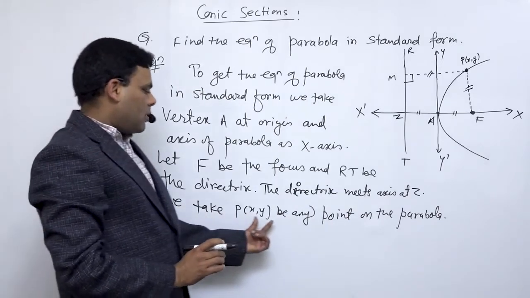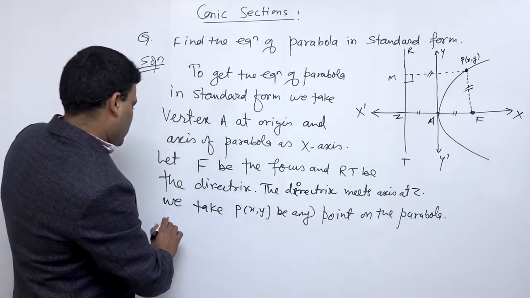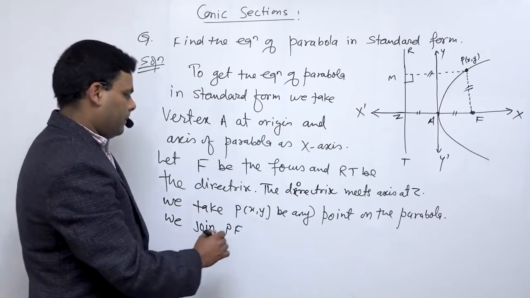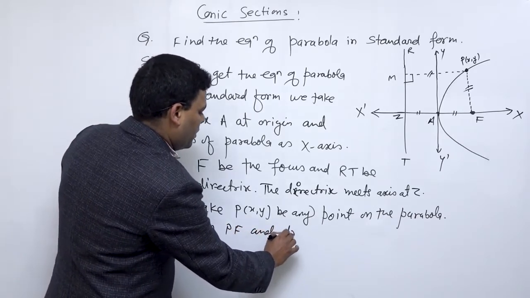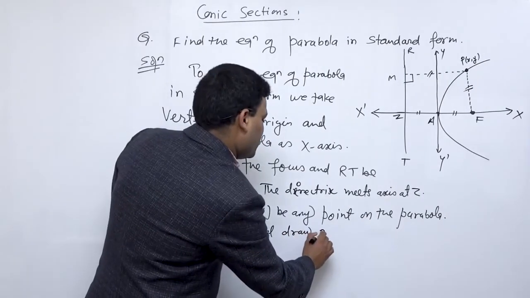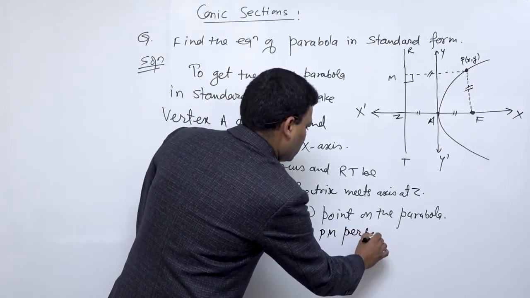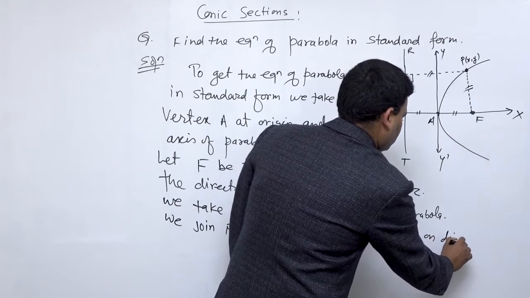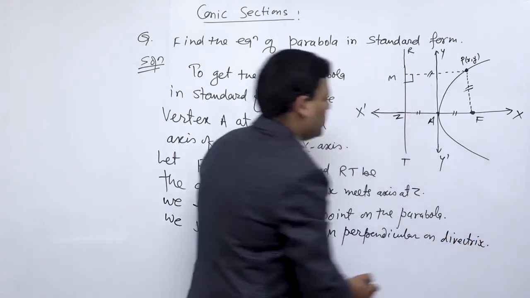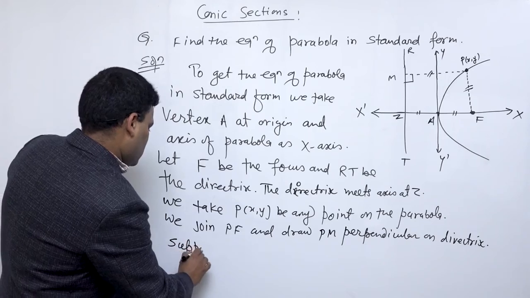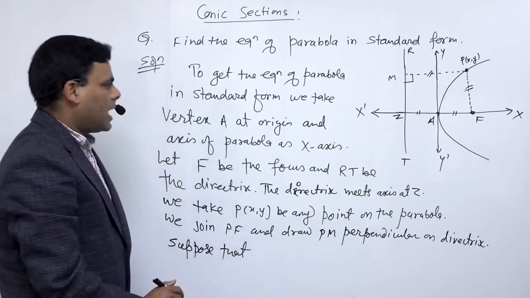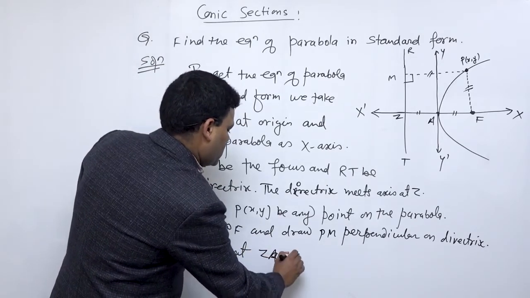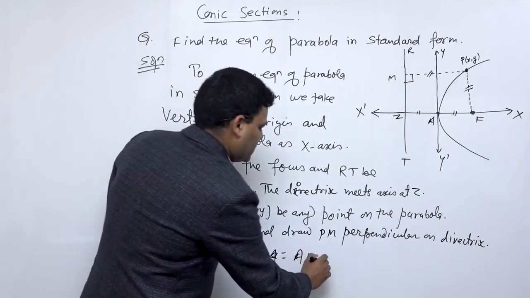So here we take P(x, y) to be any point on the parabola. We join PF and draw PM perpendicular on directrix. Suppose that ZA equals AF equals a.